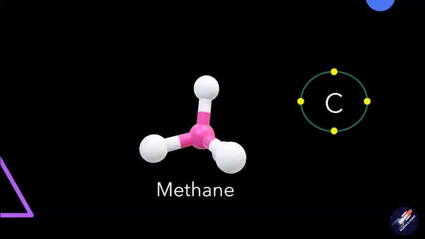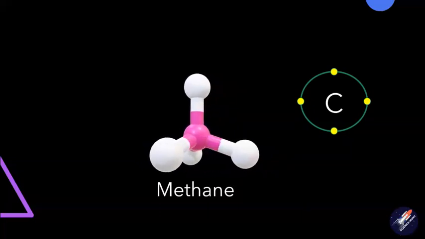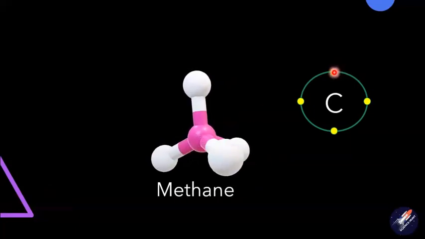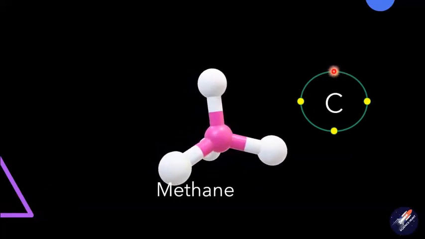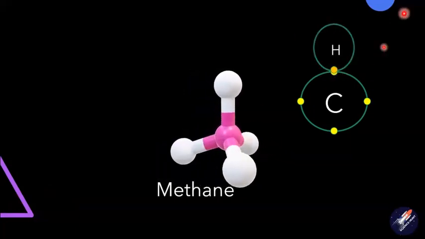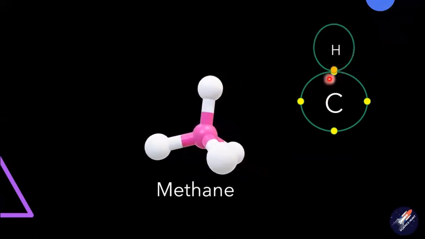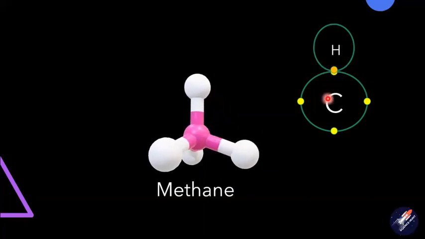So to satisfy the electrons, here is 1 electron, and another hydrogen atom shares its 1 orange colored electron here with this carbon atom.